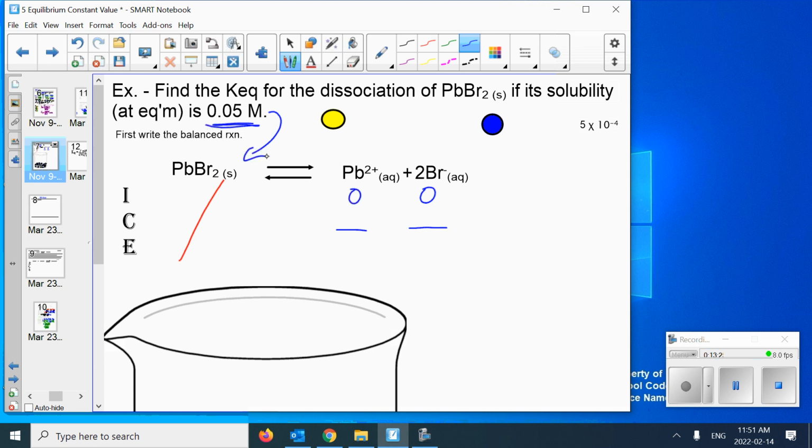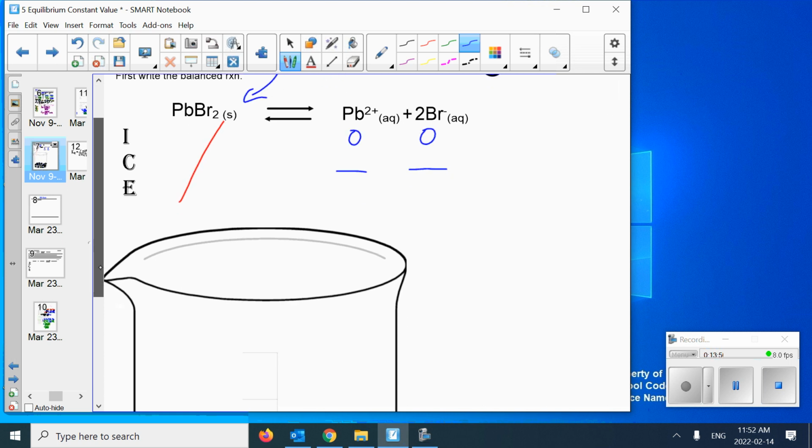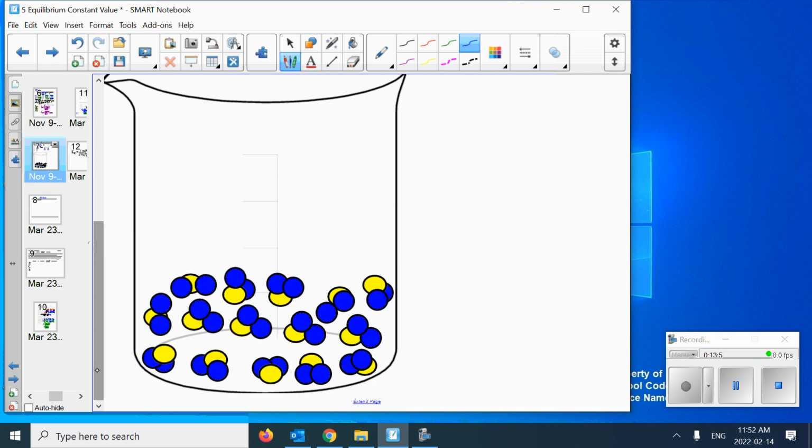Now, come back to iced tea. If you ever make the powdered kind, you know how you sometimes think I want it stronger and you add more in there? What happens to the powder after a while? It just sits at the bottom, right? It doesn't matter if you add more. There's only so much the water can take in. Well, that's what the solubility of 0.5 is kind of giving. I could dump a bunch of PbBr2, but only 5 of these are going to break up.